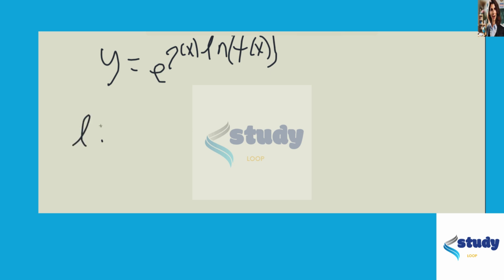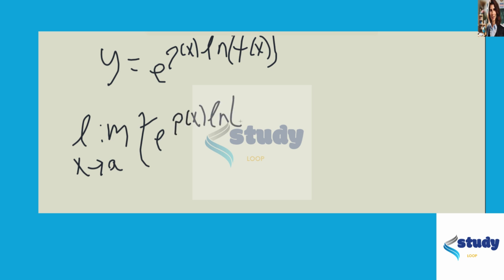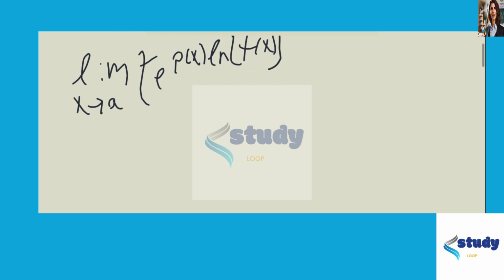That is equal to the limit as x approaches a of e to the p of x times the natural log of f of x, which is of the form e to the infinity minus infinity, which in the limit is going to be equal to e to the negative infinity, which is equal to 0.